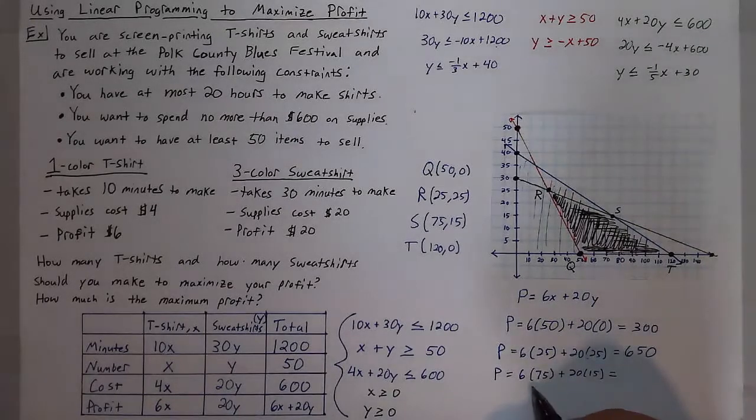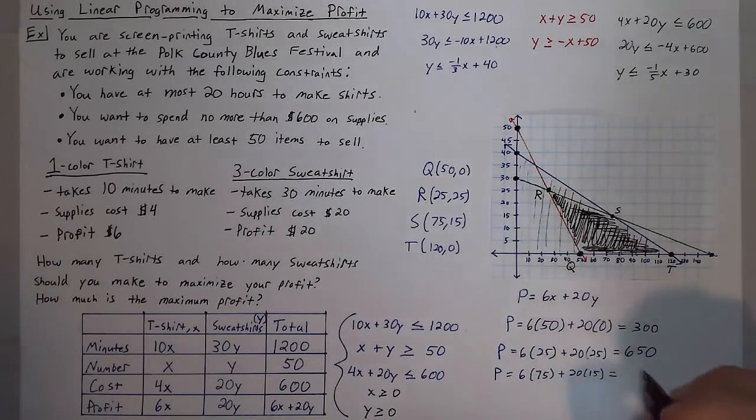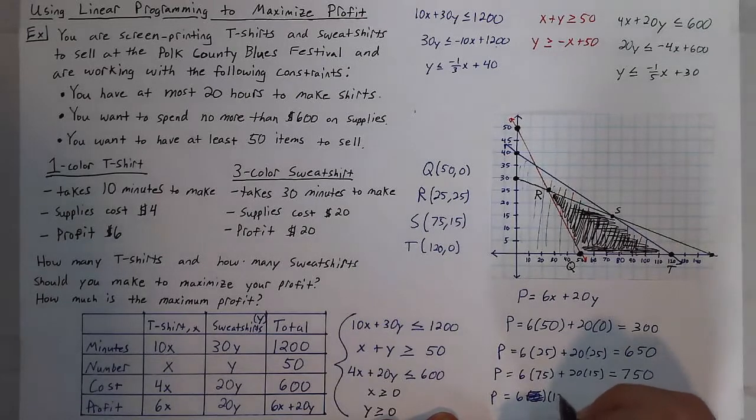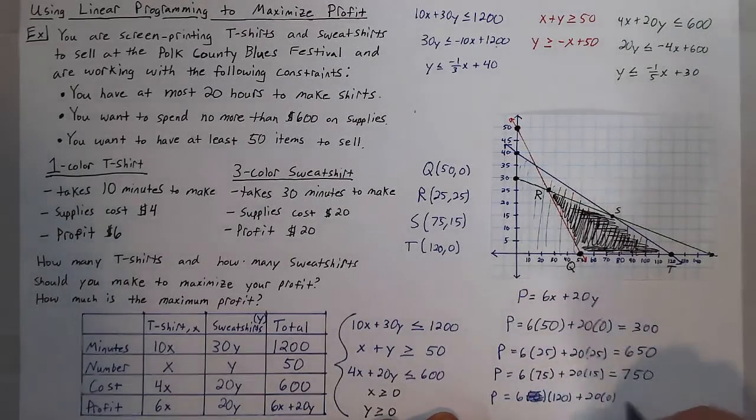Oh, made a mistake. 6 times 75 should be 450, and 20 times 15 should be 300. So that would be 750. And lastly, we'll plug in T, which would be 6 times 120 plus 20 times 0, which will give me 720.